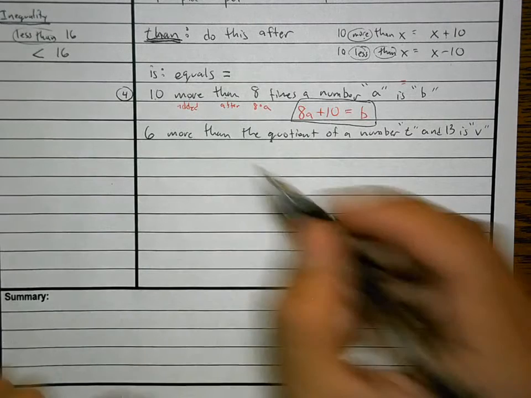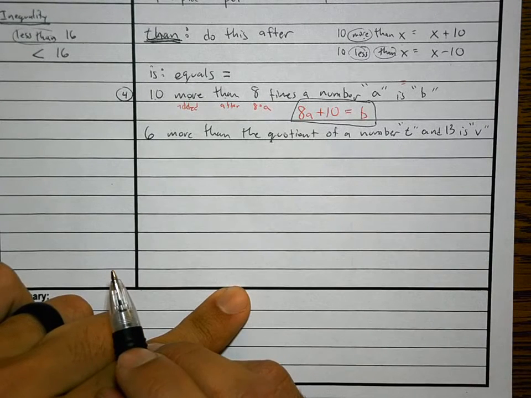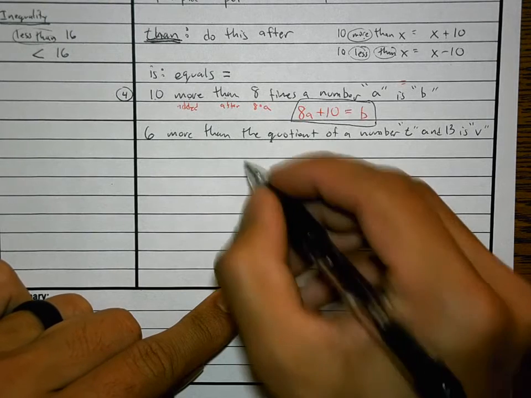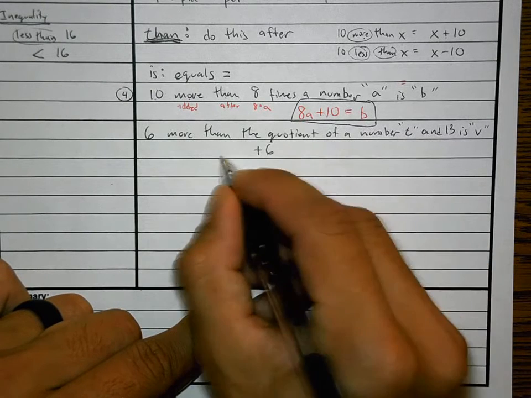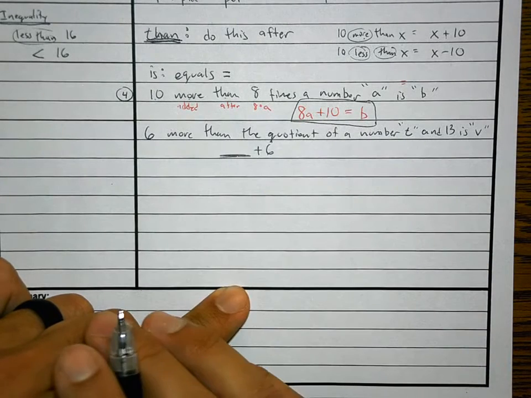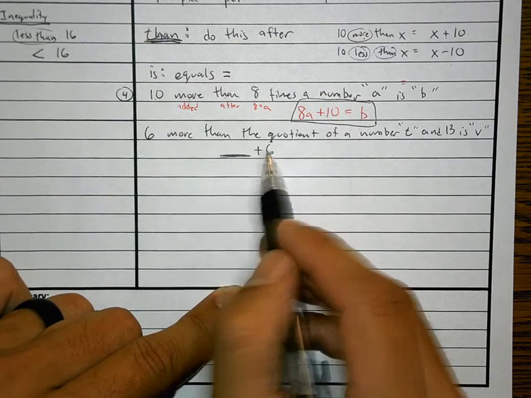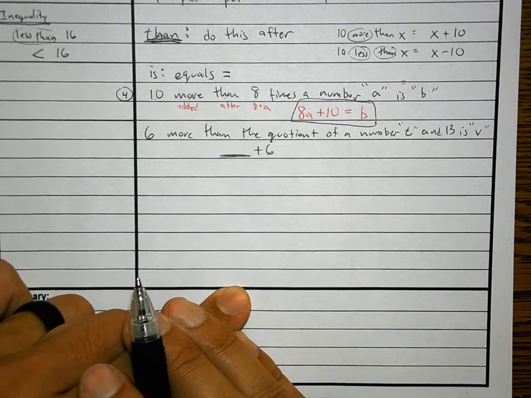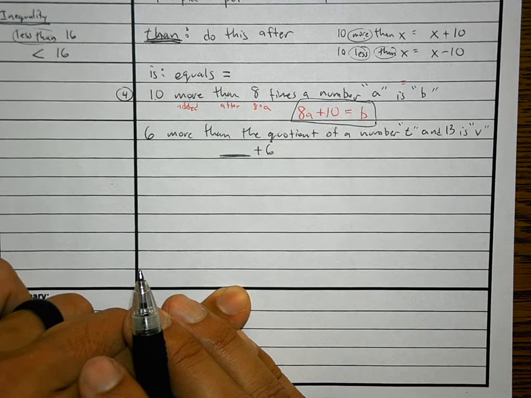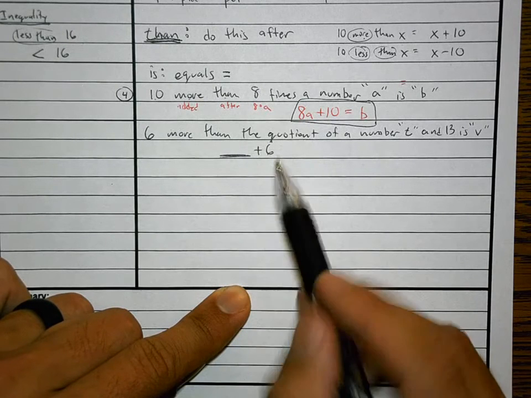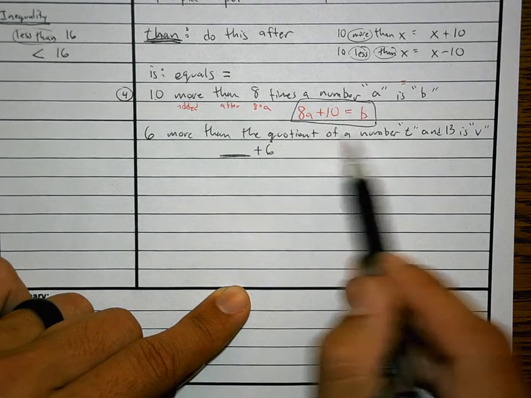Okay, so here's what I recommend if you're going to do second. Let's put plus 6, but let's leave a little bit of space because something is going to be in front of it. That's what he's telling us to do. 6 is going to be added after something. Now, Mr. Fritsch, do you know what's going to go in front of it? 13 divided by T. Okay, it has to go in order. The quotient of a number and 13.